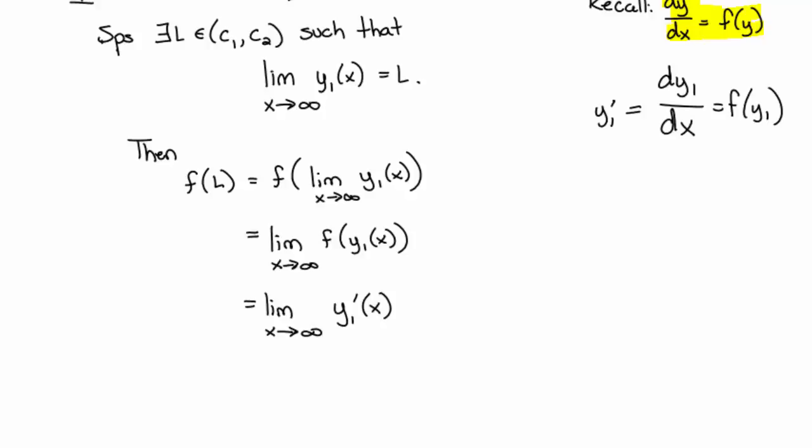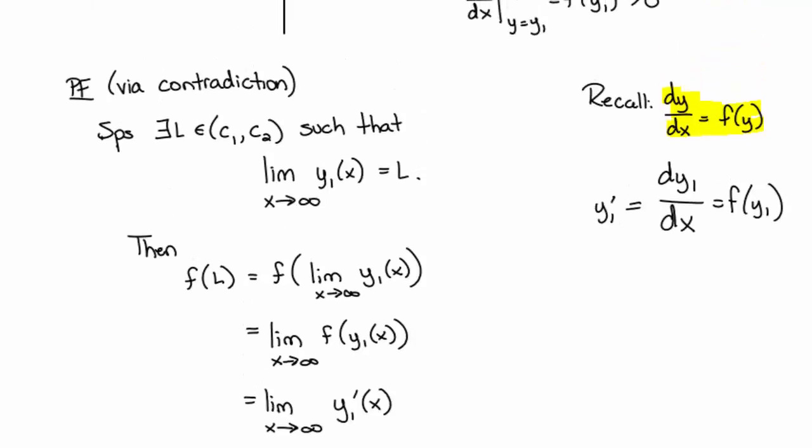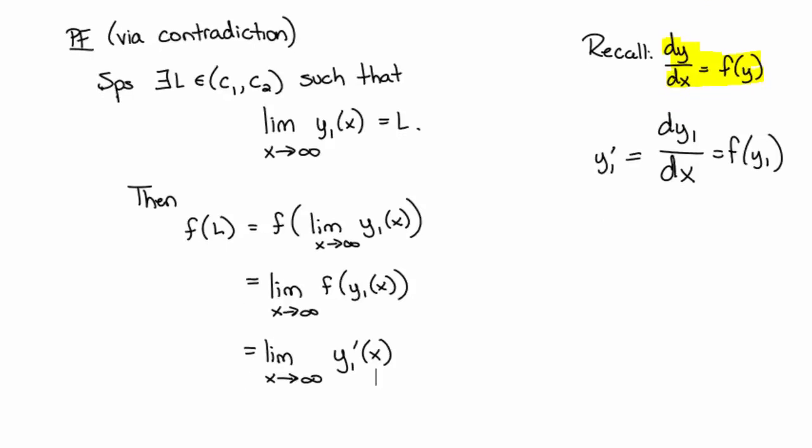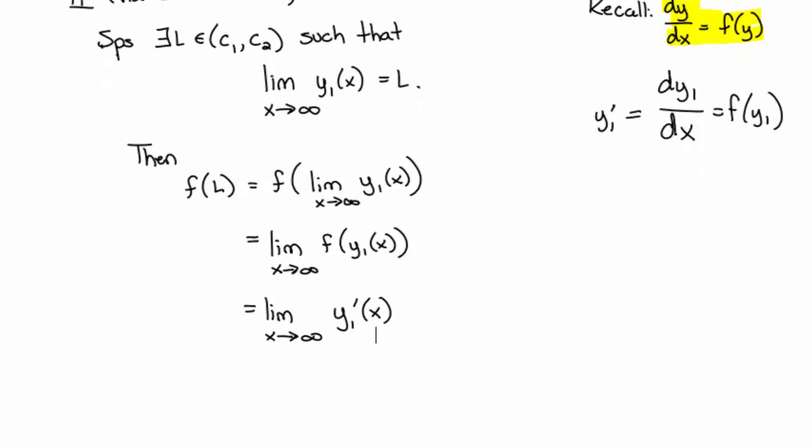A conceptual way you can imagine this is that as x goes to infinity, my y values are approaching a specific height, L, right? y sub 1 is approaching L, which tells me that the slope of y sub 1 is approaching 0. So as x goes to infinity, y sub 1 prime of x will be 0.